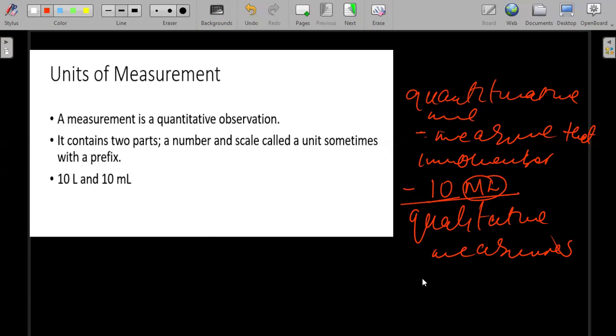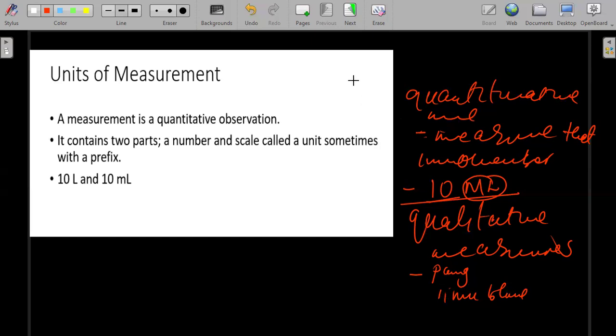Okay. So qualitative measurements are the opposite of quantitative measurements. So qualitative measurements are measurements that do not involve numbers. For example, you are doing an experiment, then you say, okay, a pungent smell. Let's say you say litmus paper turns blue. So you are just observing maybe the change in color, maybe the smell.